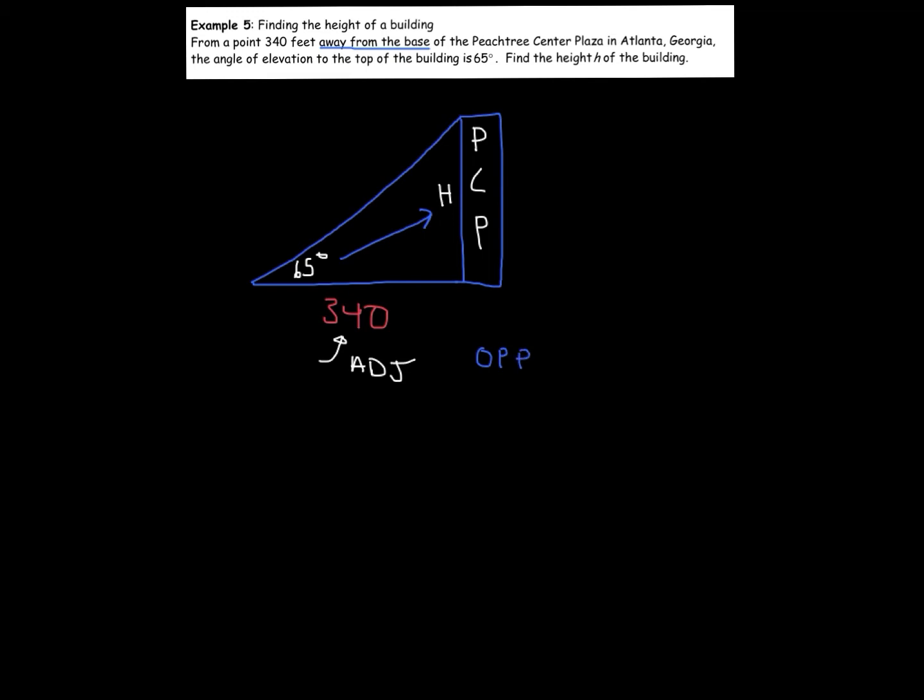Which trig function should I use? TOA, opposite and adjacent, so I need to use tangent. So tangent of 65 is equal to the opposite, which is H, over the adjacent, which is 340. And once again, you multiply by 340 on both sides.